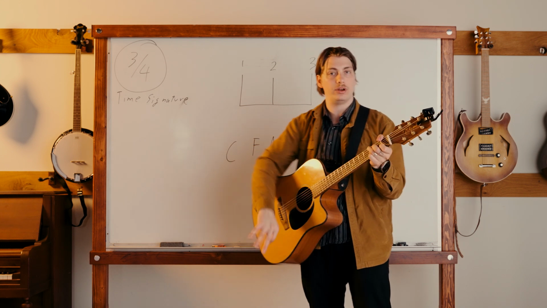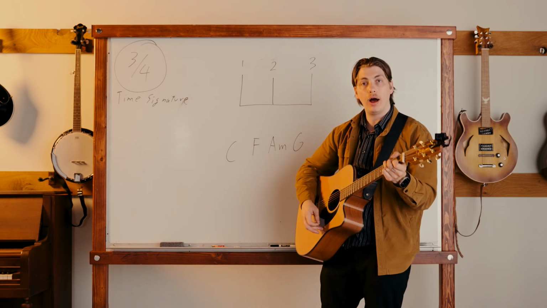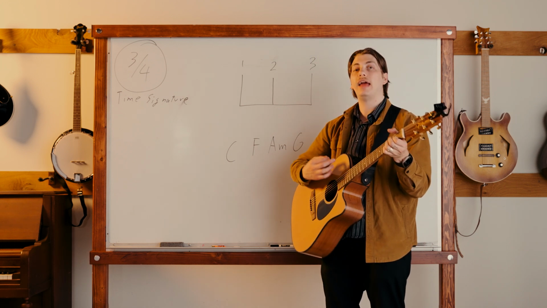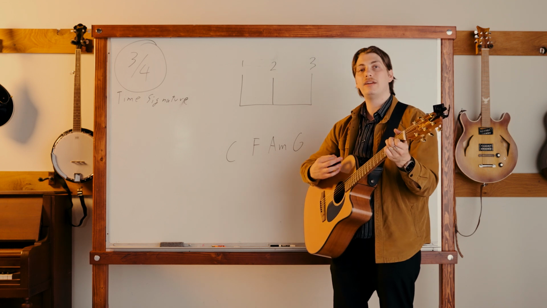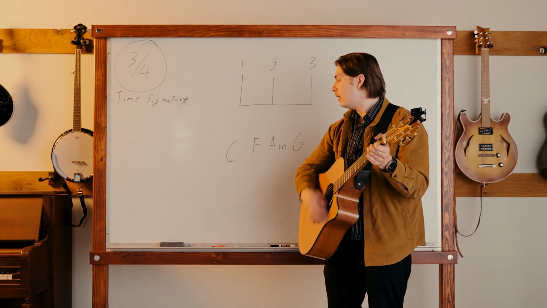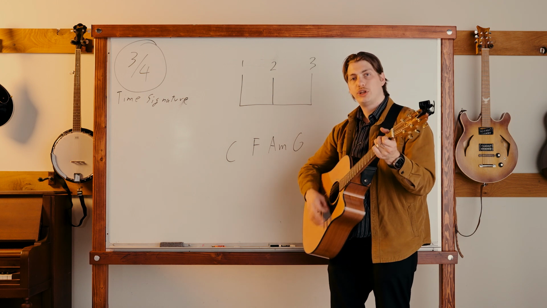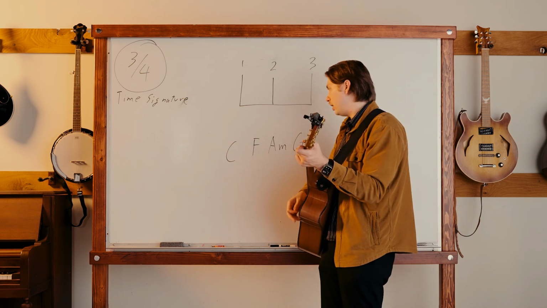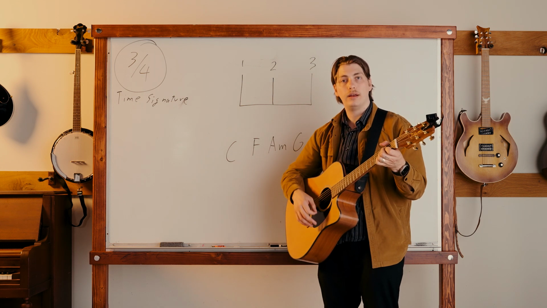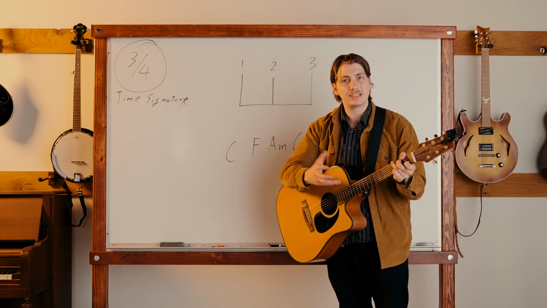We're just going to strum the fourth notes. 1, 2, 3, and F, 2, 3, and A minor, 2, 3, and G. I know that feels weird, but we got to switch on that 1, and now there's only 3. A minor, 2, 3, G, 2, 3, 1, 2, 3. Does that make sense? Now we're just counting to 3.